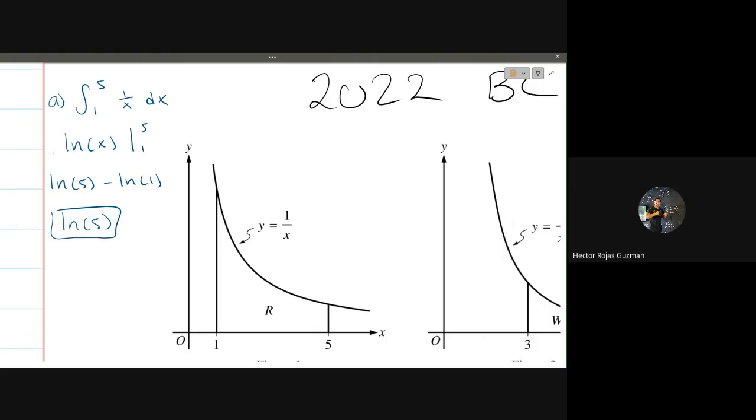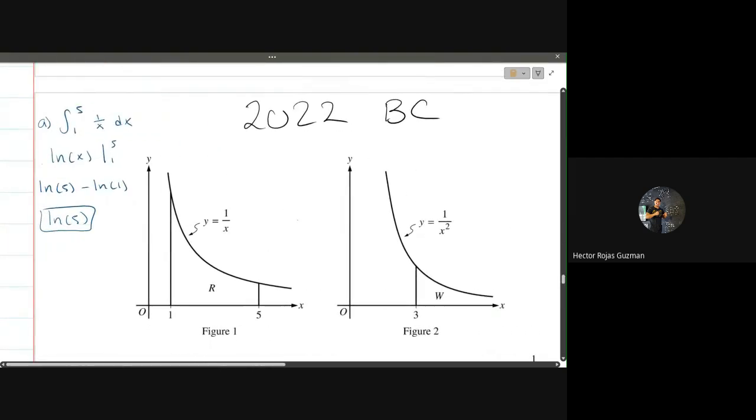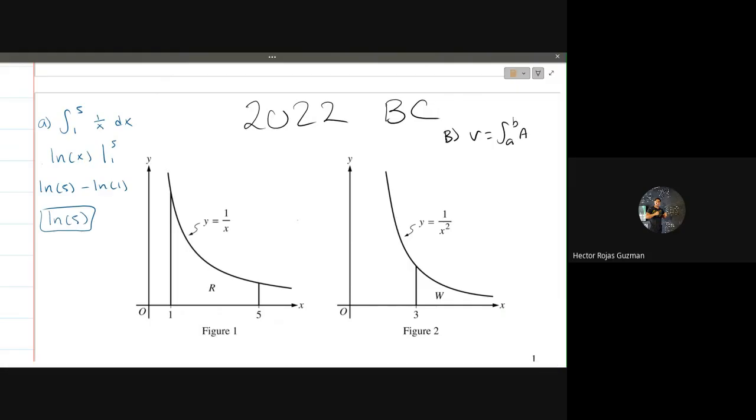Okay, I'll just read off my paper. For question B, region R is the base of a solid. The cross sections perpendicular to the x-axis are rectangles. Just reading that alone, I'm already thinking: volume equals the integral from a to b of the area of the cross section. And they already told me what the area is.